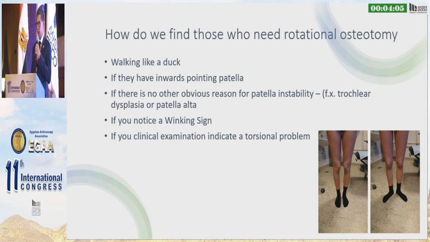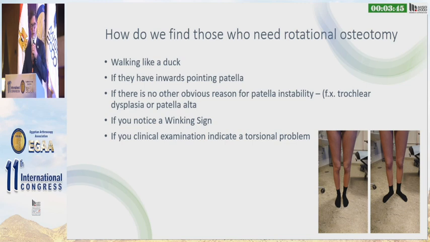However, if there are no obvious reasons for patellar instability, if there's no dysplasia, if there's no patella alta, if there's no valgus, try to do a rotational profile of the patient, but then you will see that you overlook this condition again and again.